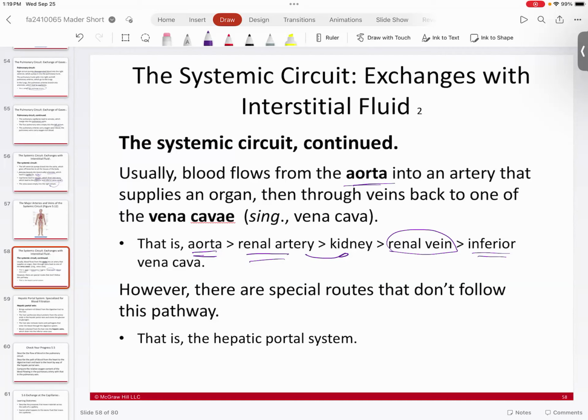By the way, this kind of going from aorta, renal artery, kidney, renal vein, this is basically where the capillaries are. Back to the inferior vena cava, and then back to the heart. This is basically the pathway of blood.